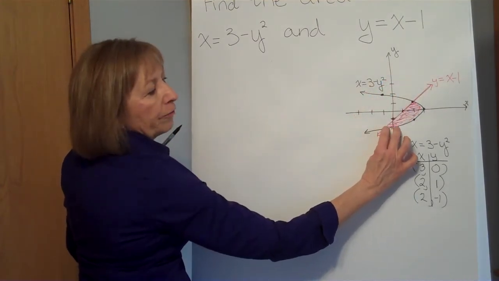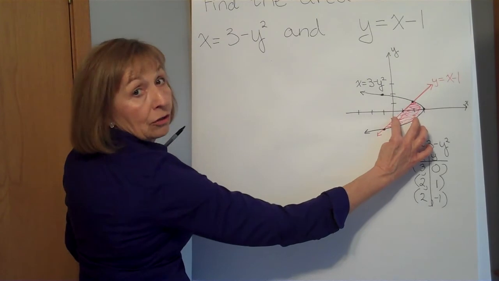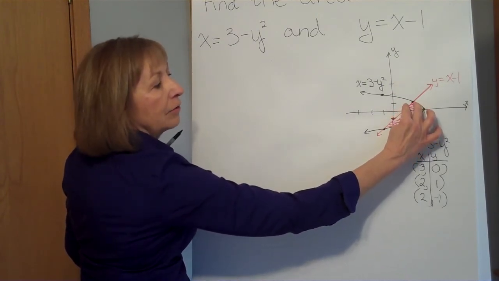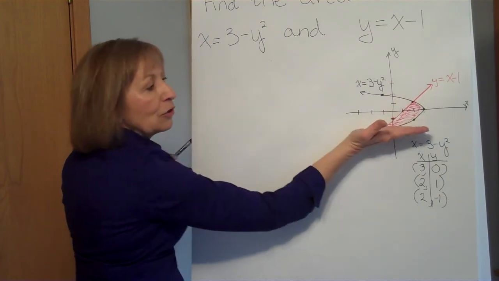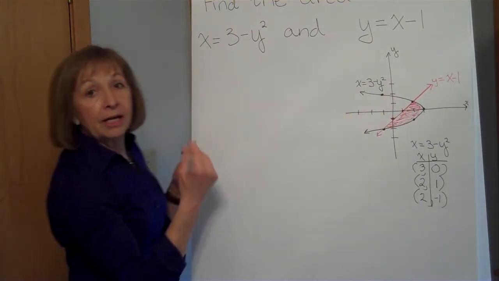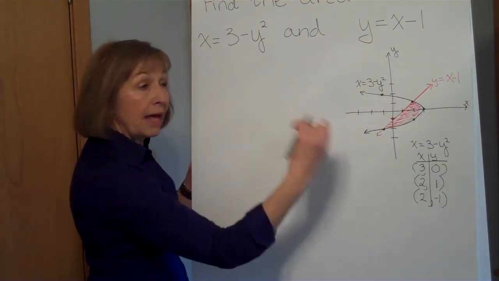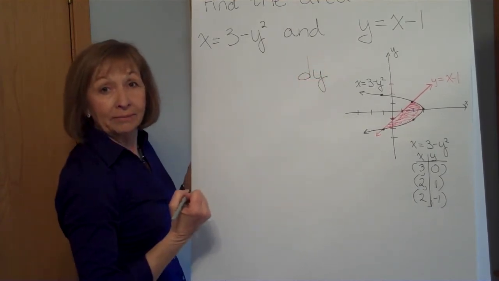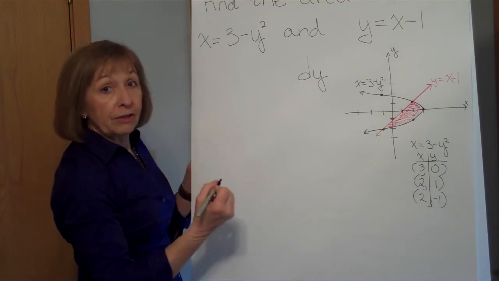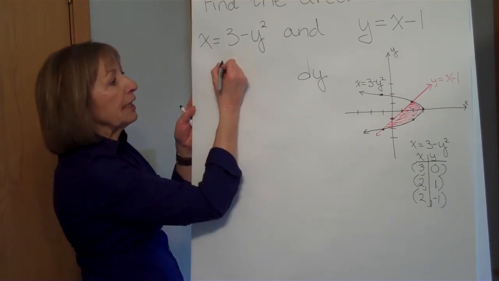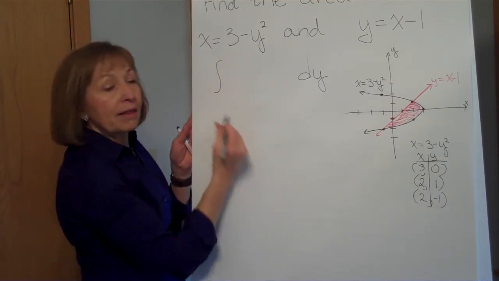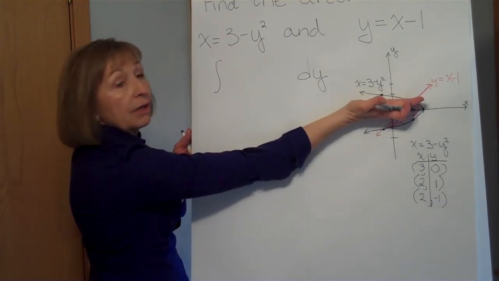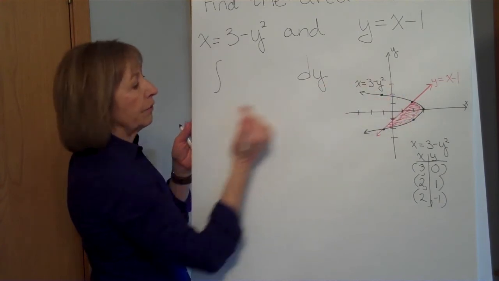So actually what I want to do here is run my subrectangles horizontally, which means I would be taking the differential dy. Now when we do the differential dy, we integrate from the lower y value of the ordered pair to the upper y value of the ordered pair.